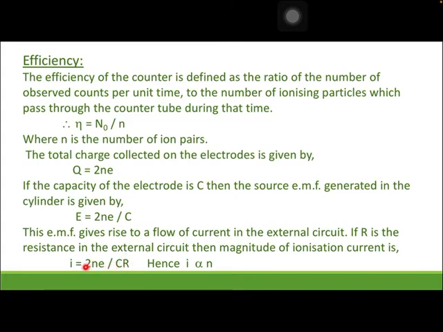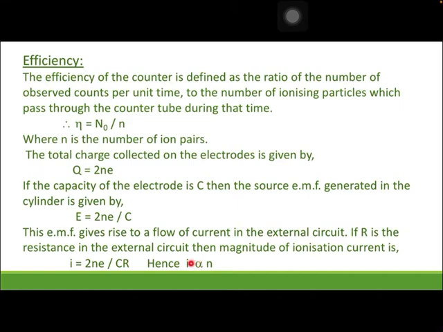Now in this equation, E is the charge of the particle, which is a constant. C is the capacity of the electrode, which is a constant. R is the high resistance in the external circuit, which is a constant. So from this equation, the current I is directly proportional to the number of ionizing particles which pass through the counter tube.